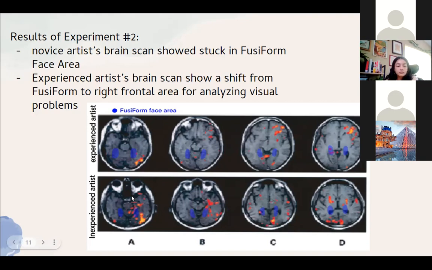It's not exact in any way, but as you can see in A, when they were first shown the portrait, both the experienced artists and non-experienced artists were stuck in that area.